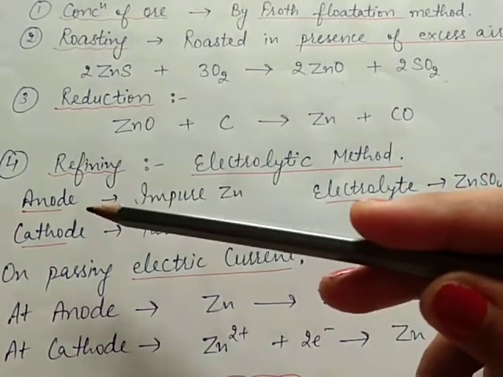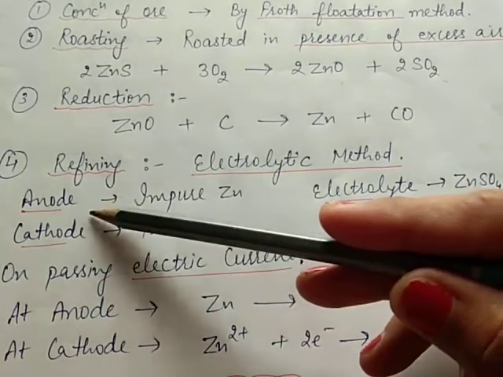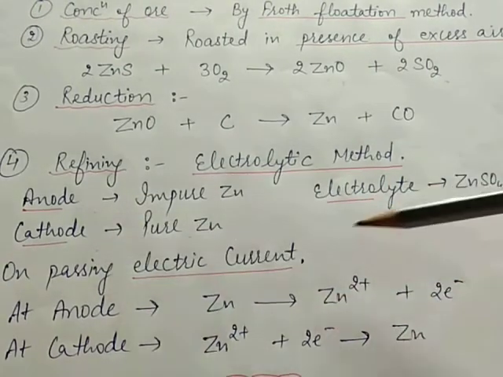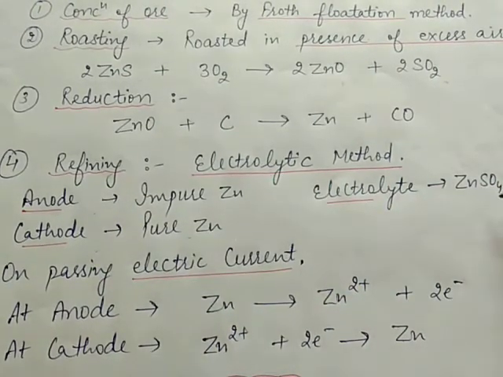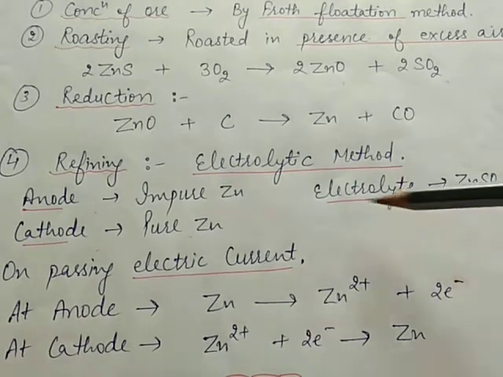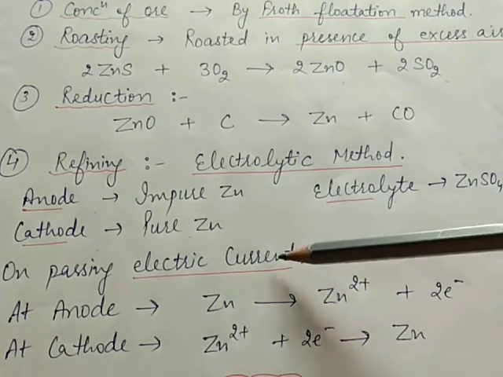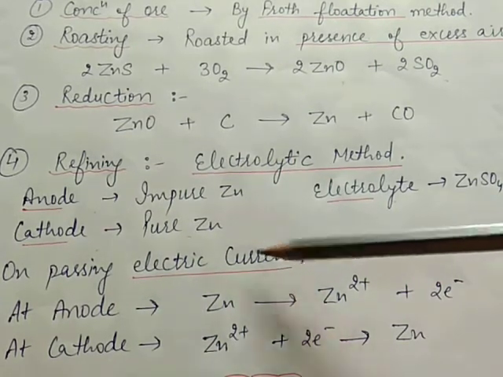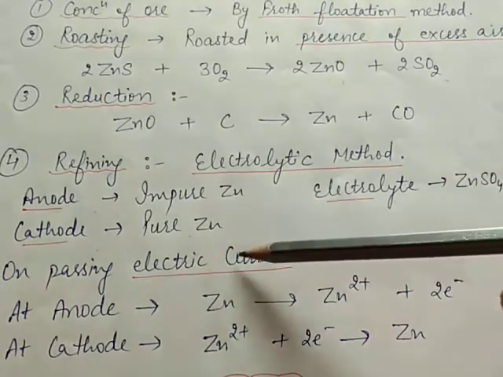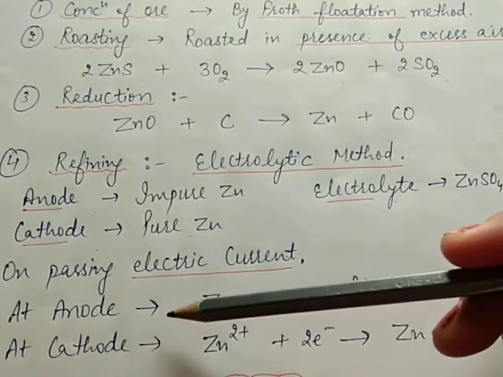In this case, the impure zinc is made the anode and pure zinc is made the cathode, and a solution of ZnSO4 is taken as electrolyte. When passing electric current through the solution, zinc from the impure rod goes into the solution as Zn2+ ions, meaning at the anode oxidation takes place.